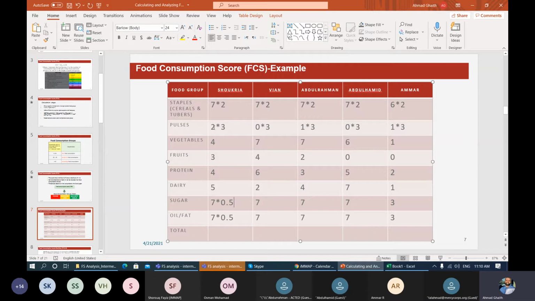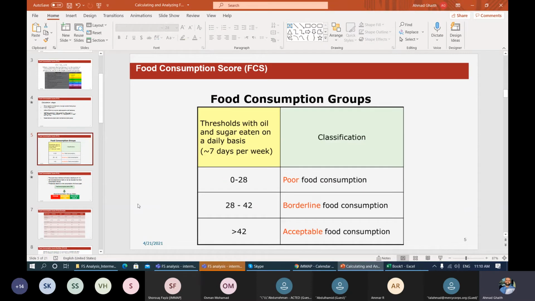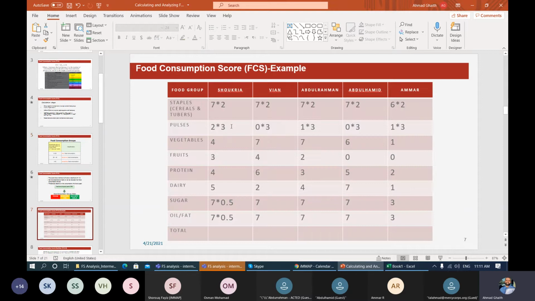So actually, if she's eating 1 more day of pulses, 3 days of pulses, 7 days of sugar and oil consumption, and 7 days of staples, she's at the poor food consumption. I mean, you can think of this. If you're eating mujadara, which is so common, if you're eating a lot of mujadara and then bread and stuff, you don't have a great diet.